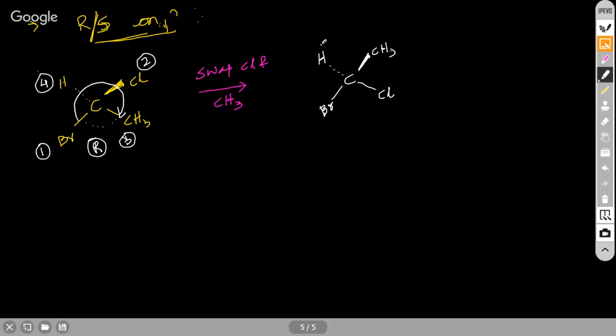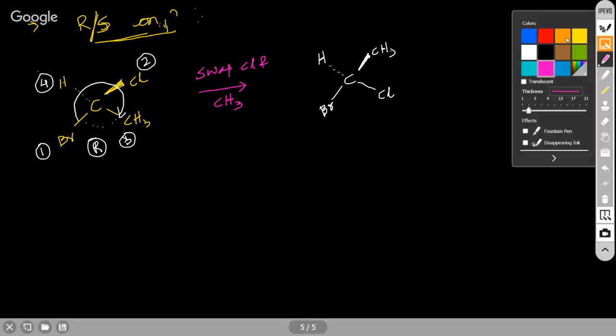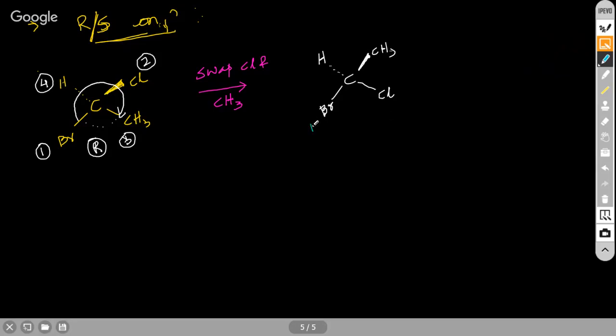Right? So now when you exchange one pair, when you swap CH3 and Cl, then what happens? Again, we have to assign the priority. Bromine is 1, chlorine is 2, methyl is 3, and hydrogen is 4.